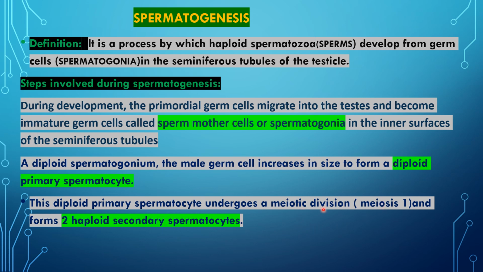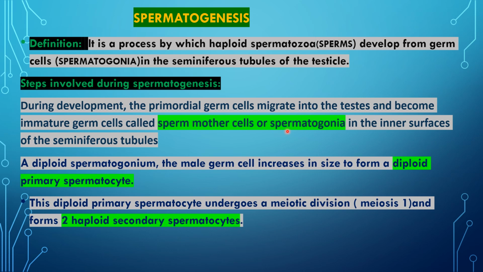You call this meiosis the reduction division. The primary spermatocyte is diploid, and as a result of meiotic division, which you call reduction division, they produce two haploid secondary spermatocytes. So primary spermatocytes are diploid and secondary spermatocytes are haploid.